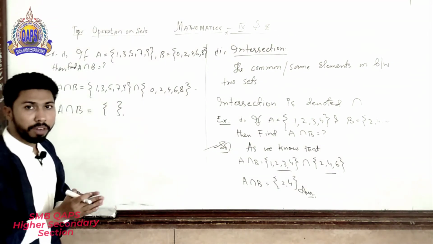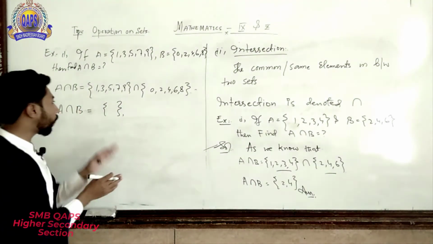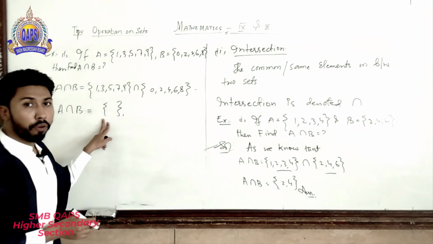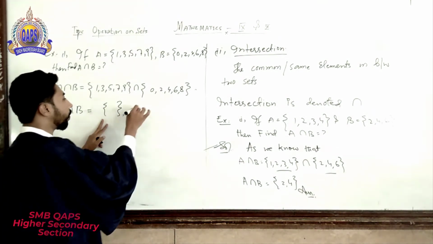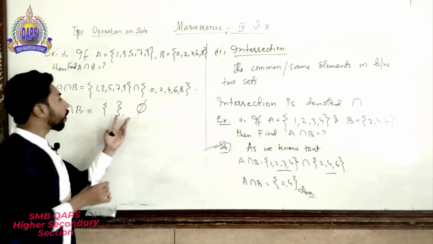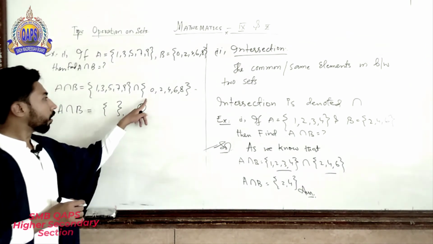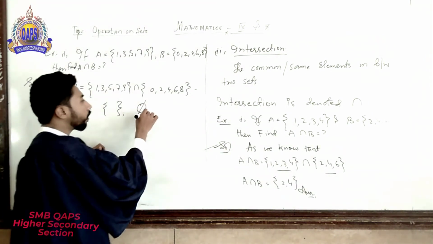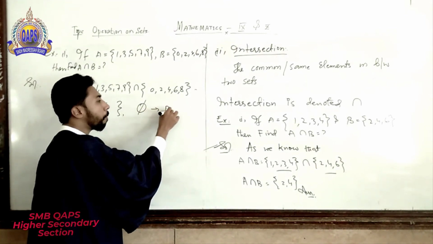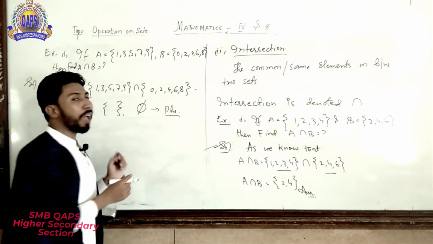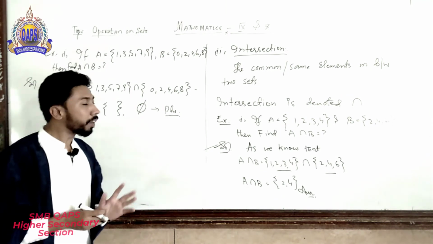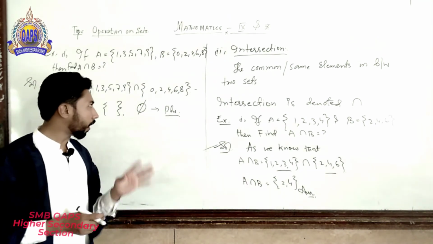That's why we write it in the form of empty set or null set. You can write it in two forms. This symbol is called phi. Phi represents the null set, empty set or void set.